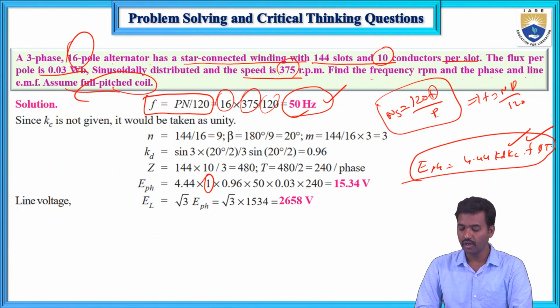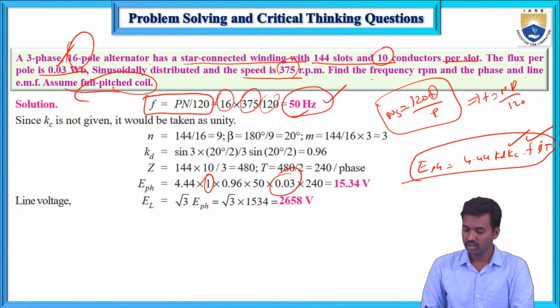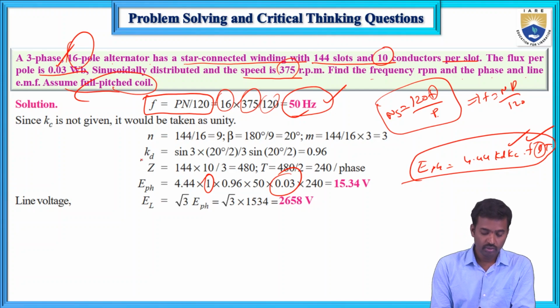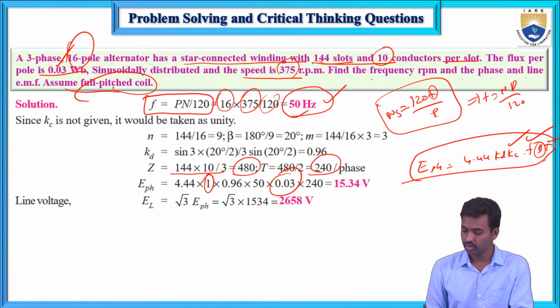The flux value is 0.03. Next, the total number of turns: 144 into 10 conductors, and it is 3 phase. So the total number of conductors is 480, and turns are 240.